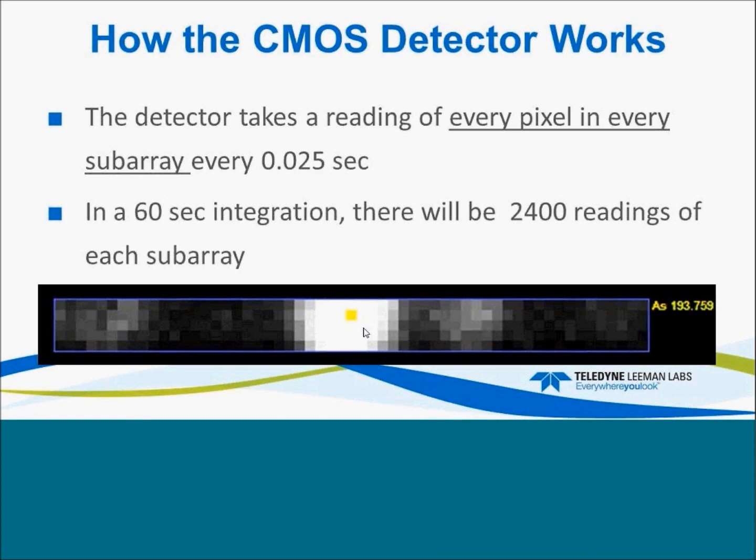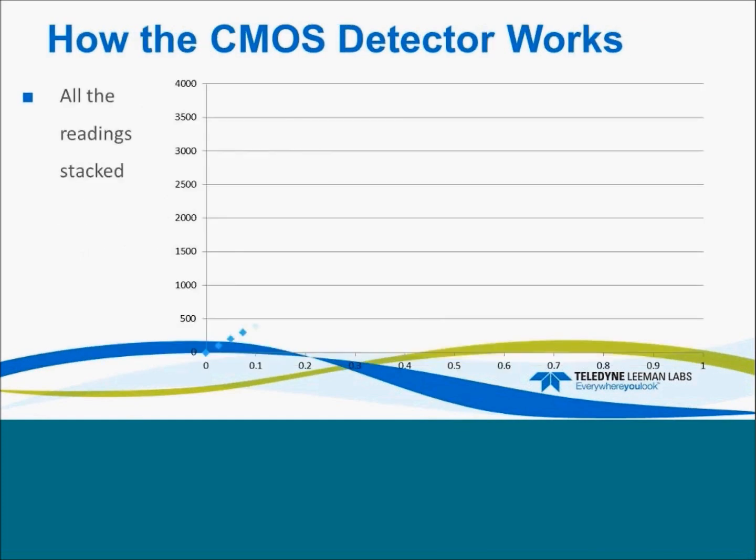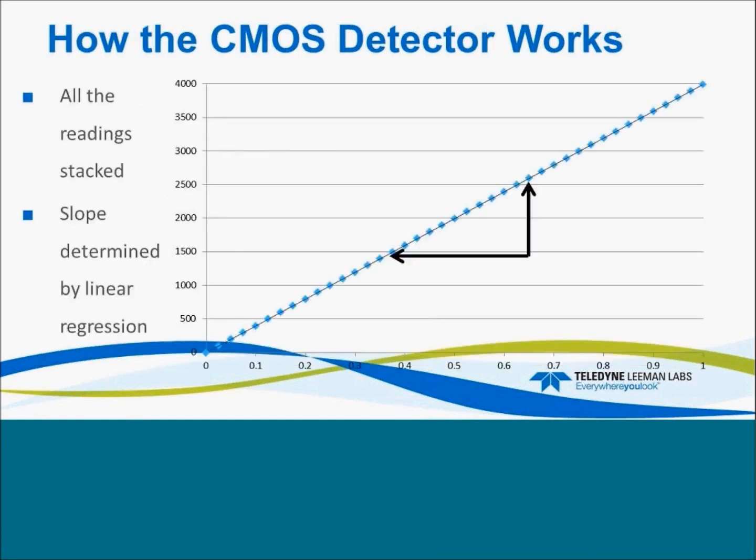Then what we do, okay, is, so this shows for a 1 second integration, we're going to take basically 40 separate readings, and we construct this calibration curve. So we begin the reading, every 0.025 seconds, we collect an intensity, we go to the next 0.025, and we generate this essentially calibration curve, and then we determine a slope by linear regression.